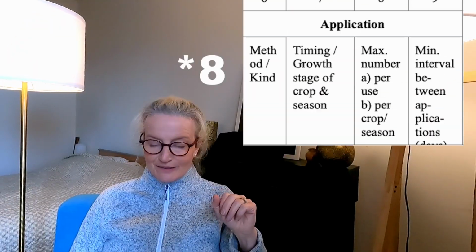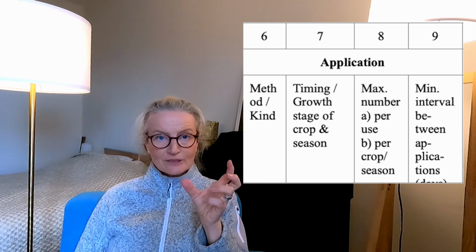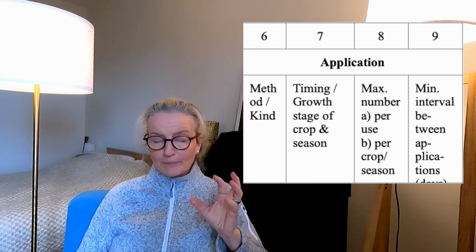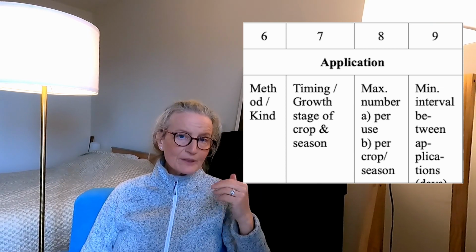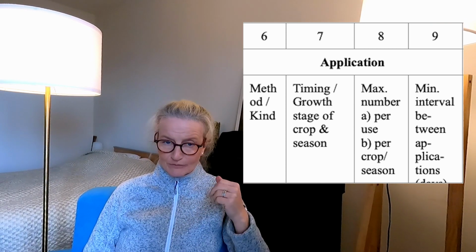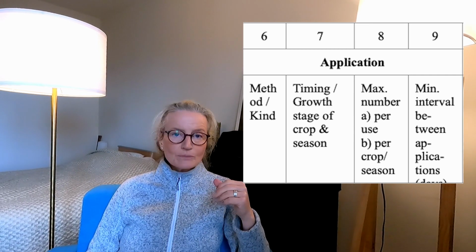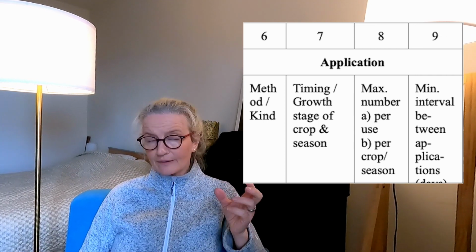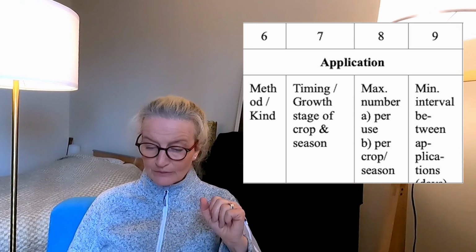Column number 8 is the number and the days that you need to leave between applications if you have more than one. So of course, if you have only one application, then you have only one number. If you have more than one application, you could be requested to put in the number of days between the applications that you have to respect.